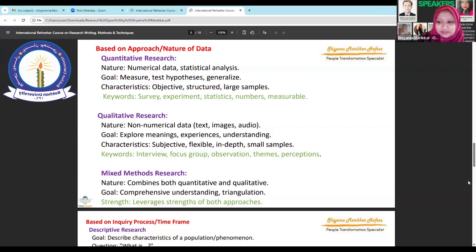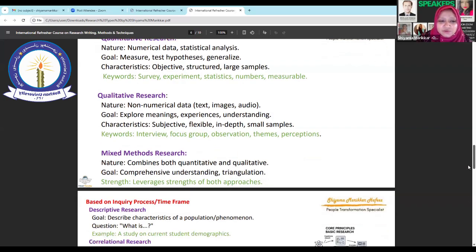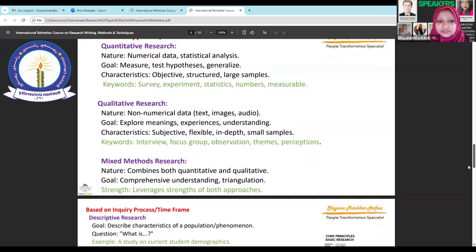And also the mixed method, in the sense that it can involve both the methods, quantitative research and qualitative research. So the nature would be combining both, and it will give a deep understanding, comprehensive understanding, and triangulation. It leverages strengths of both approaches. So sometimes, let's say, now the same example we will come, like a new detergent or something is being launched, and we got people's opinion, what people say, in the form of interviews.